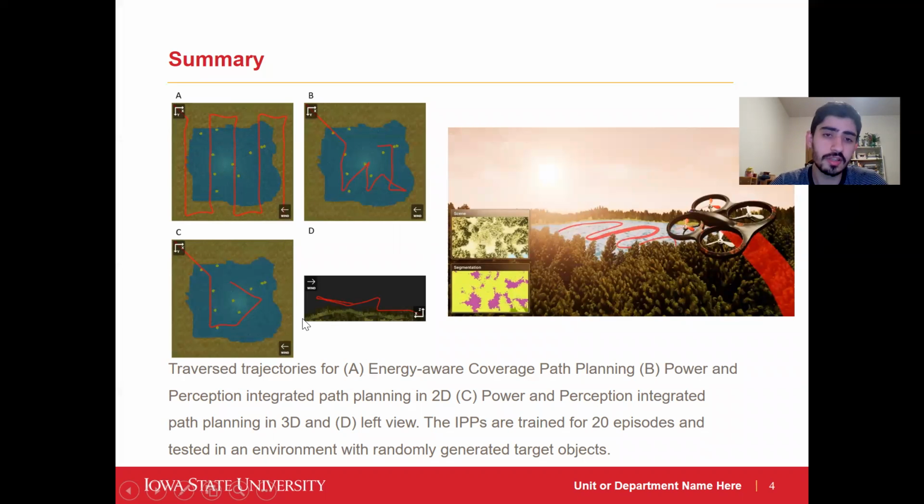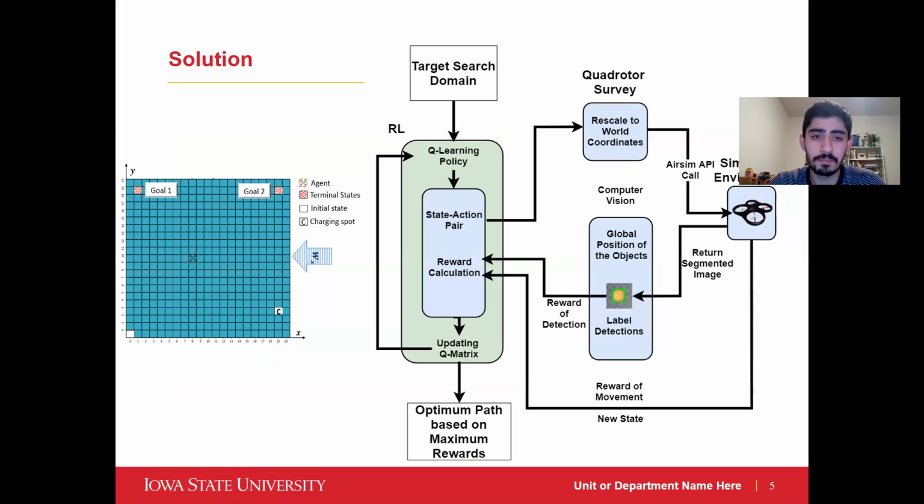However, if we employ the Q-learning method in 2D and in 3D, we can show that with a significantly less amount of steps, you can essentially detect relatively a similar amount of objects. And another important thing is that the time duration is going to be significantly lower as well, as we can see soon. So this is how the network structure works.